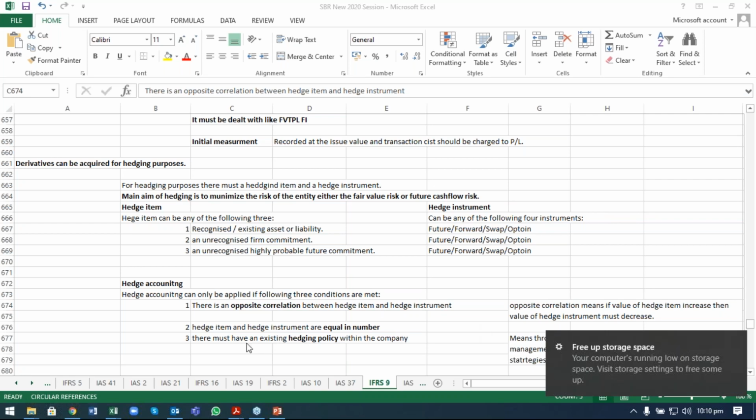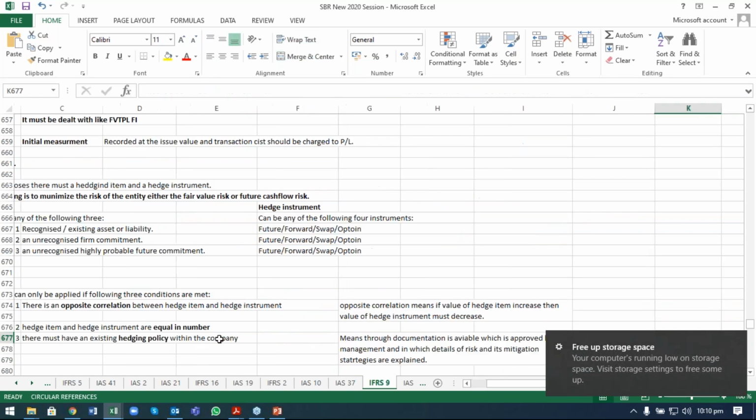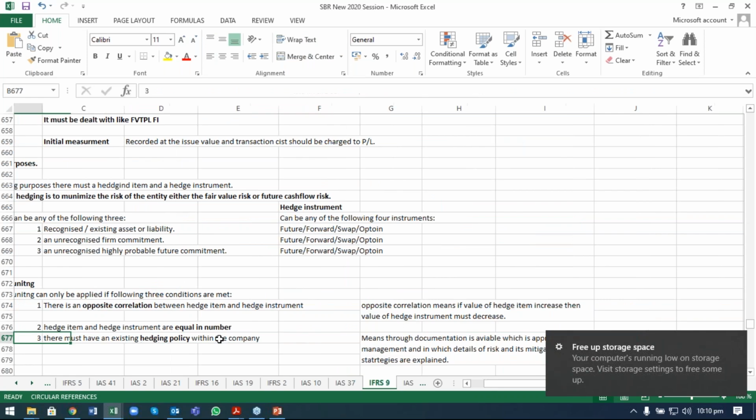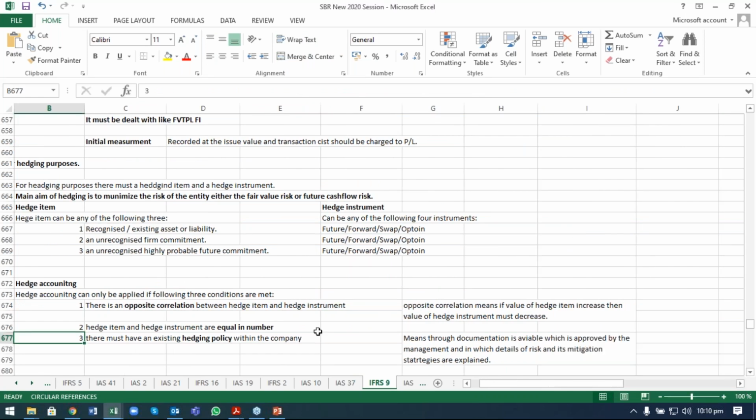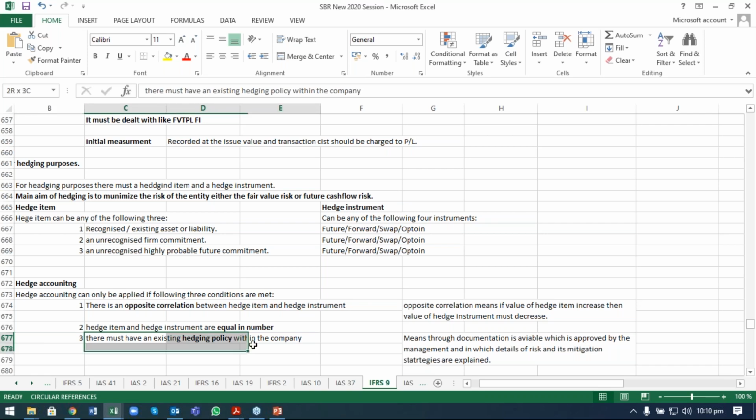The last thing is there must be an existing hedging policy. You must have a hedging policy in existence for the application of a hedge instrument, right? If you don't have a hedge policy, that is a documented policy, the company must already have a document in place.